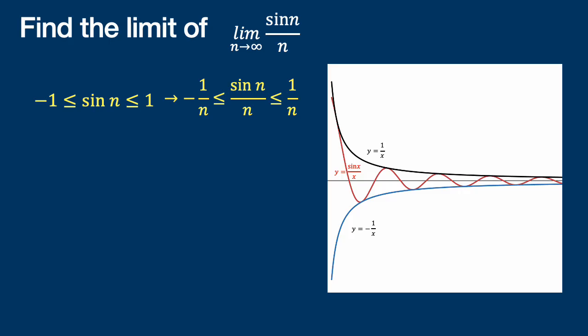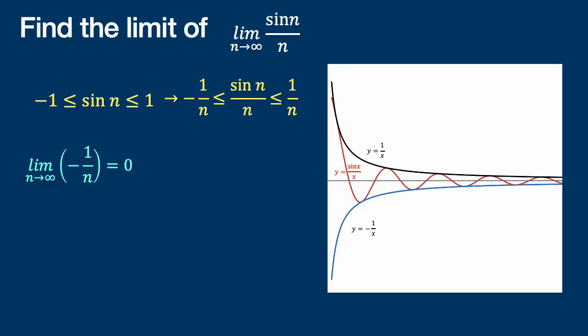The squeezing theorem says negative 1 over n goes to some value, 1 over n goes to the same value, and the middle part goes to the same value. That's what the squeezing theorem says to us. So let's find the limit of each sequence. First, the limit as n approaches infinity of negative 1 over n goes to 0.